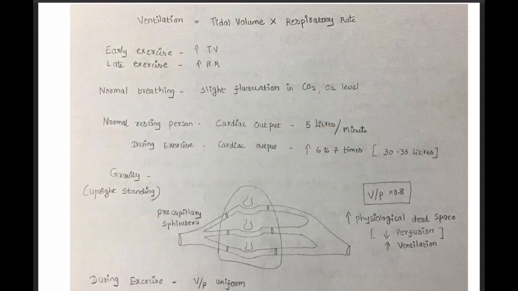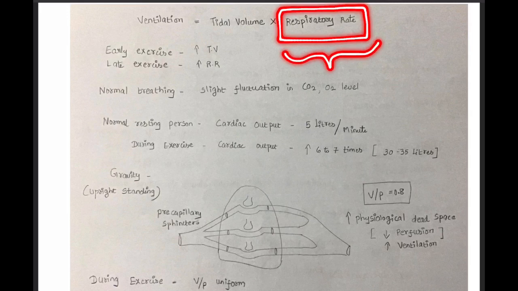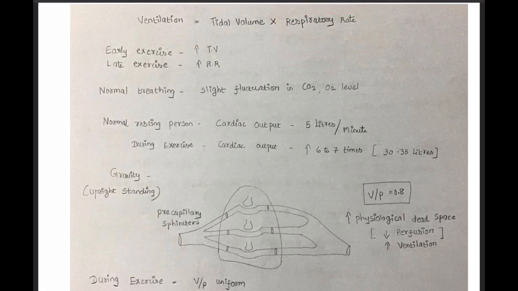So what is respiratory rate? Respiratory rate, from the name, is the number of times you breathe in and breathe out, per minute. Just take an example. When you start an exercise, you will have a deep inspiration and a deep expiration. So basically you are breathing in more air and breathing out more air.